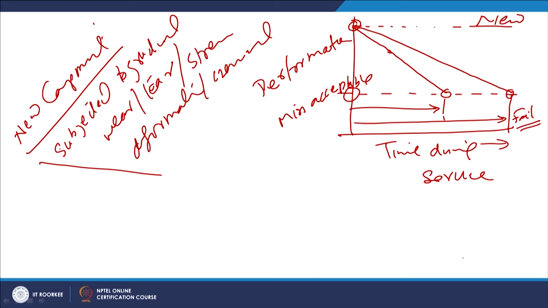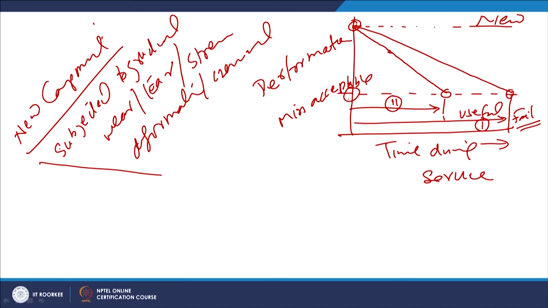As per the service conditions, different components made of different materials and different designs may experience the reduction in performance as a function of time at different rates, and accordingly they offer us different life. So, this is the useful life for one component, and this is the useful life for another component whose performance is degrading at a much faster rate.